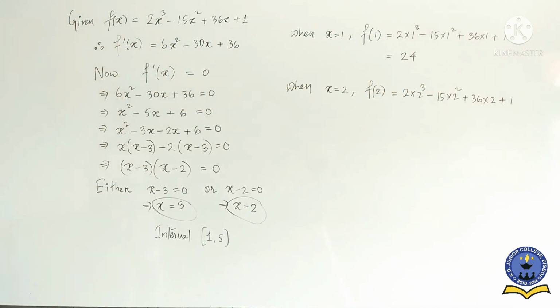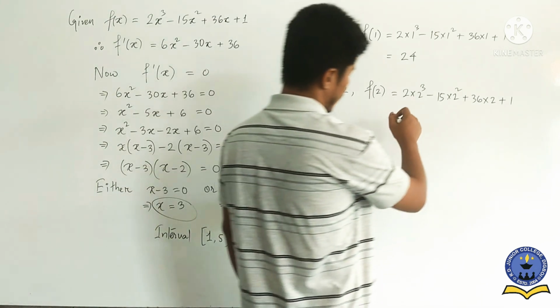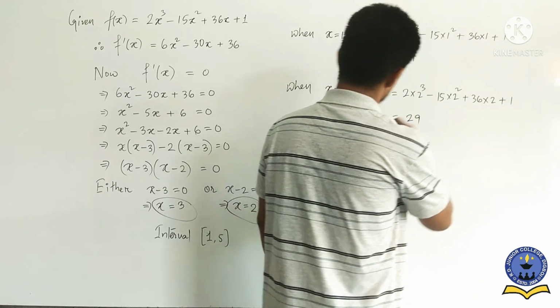If I repeat one more time: 2 into 2 cube minus 15 into 2 square plus 36 into 2 plus 1, isn't it? Now if you calculate this, we get 29.